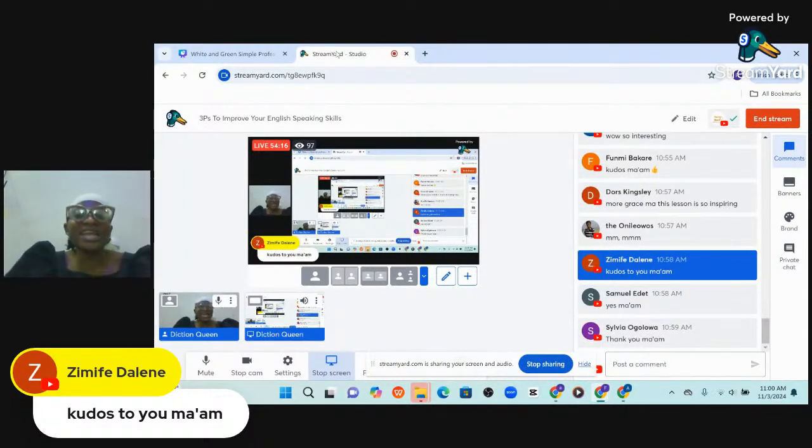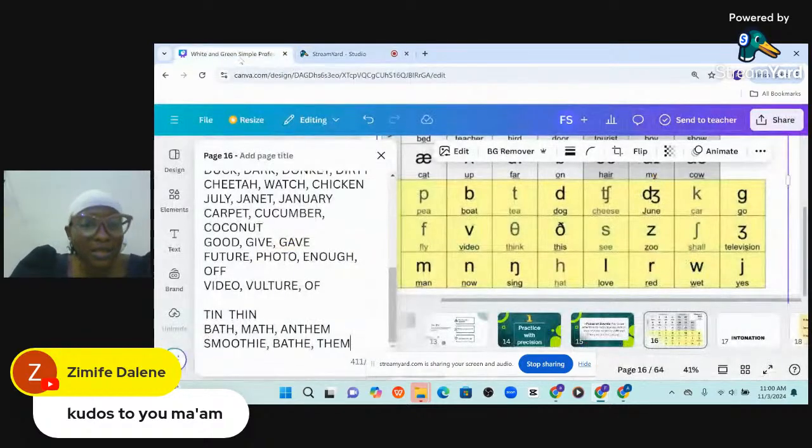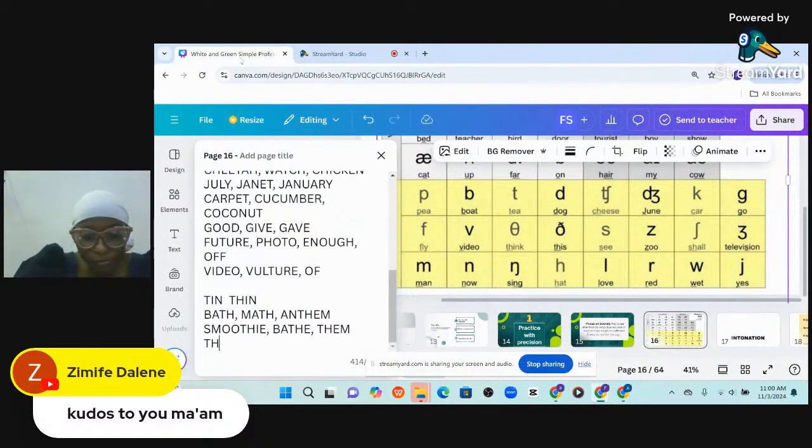Now, for the TH sounds, you must also know that there are some words that have TH but are not articulated as TH sounds. There are some names of people that you spell with T and H, for example, the name Thomas.